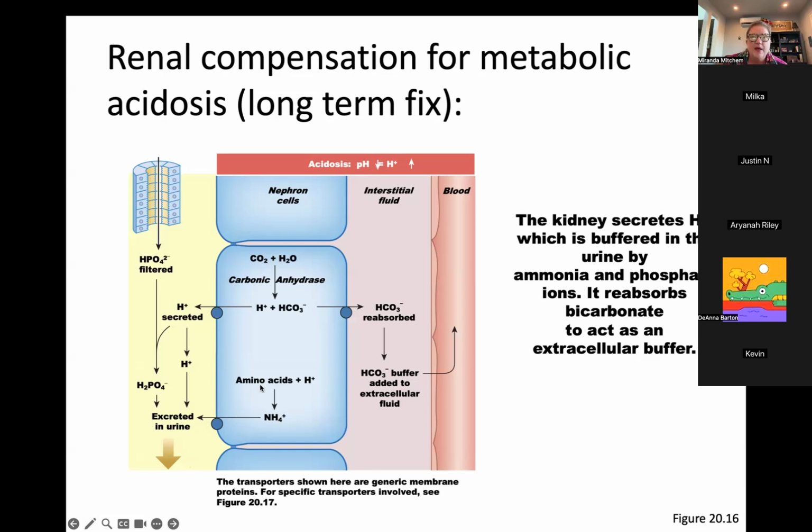So it depends on which amino acid we're talking about. But remember, every amino acid has a nitrogen in it. That's part of what is there, an amino group in every amino acid. So we always have them available for this process. So that's our long-term fix for a metabolic acidosis.